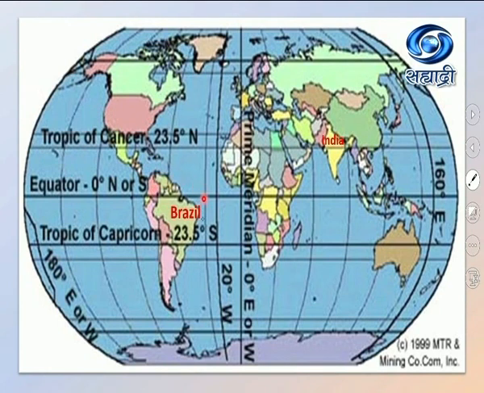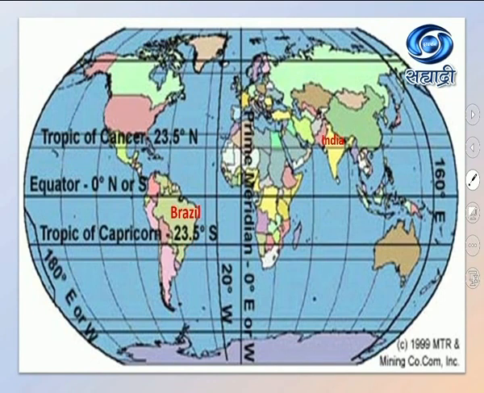It also has a wonderful coastline. Now, that means Brazil is located in the western hemisphere, in the northern hemisphere and in the southern hemisphere.